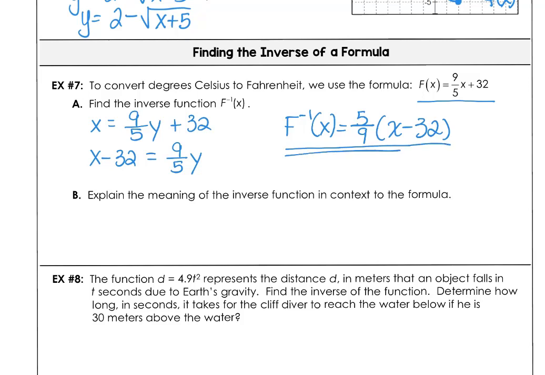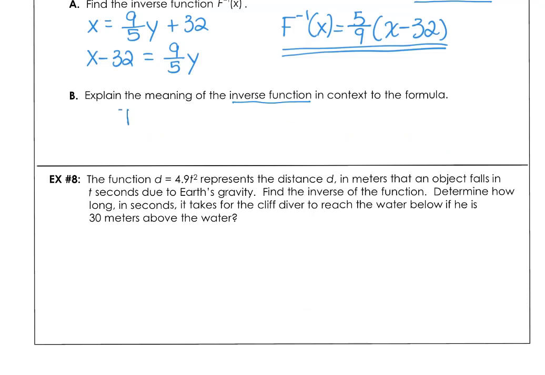If our function f of x converts Celsius to Fahrenheit, what does the inverse function do? Well, we can say that the inverse function will convert Fahrenheit degrees to Celsius degrees.